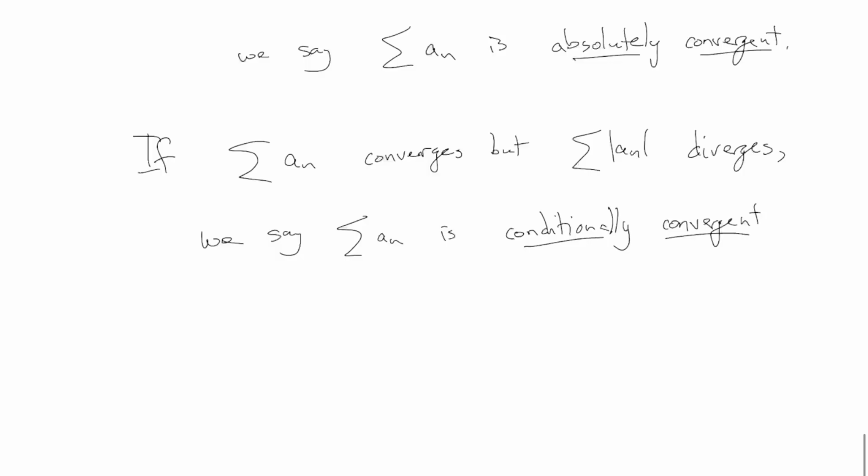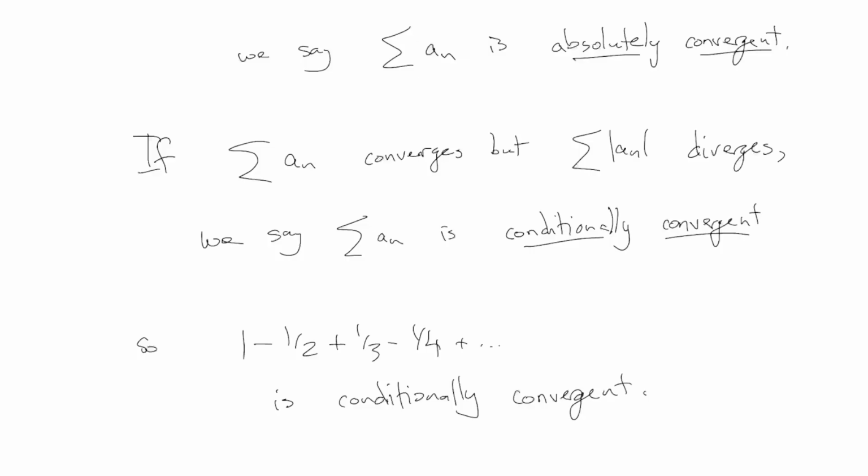An example of that would be something like 1 minus a half plus a third minus a fourth plus etc. This one is conditionally convergent. That is to say, it converges, but if you were to take the absolute values, it would diverge.